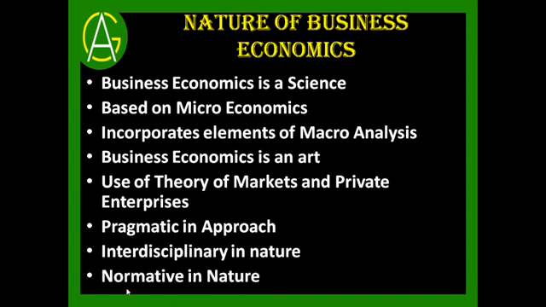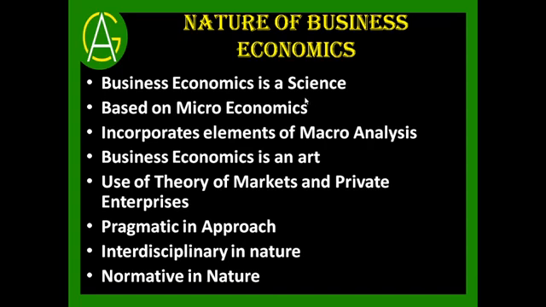Then business economics is normative in nature. Now there are two types of science. Here we learned that business economics is a science. Now science can be of two types. It can be positive science as well as it can be normative science.